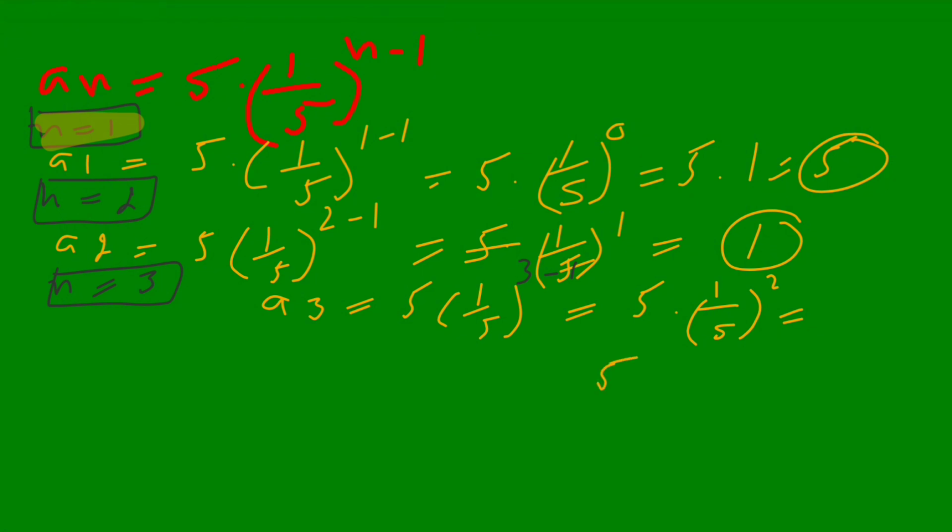Now 1 over 5 square is equal to 1 over 25. This one is 5 multiplied 2 times, 5 5 is 25. It means 1 over 5 is the answer. Now we write here 1 over 5.